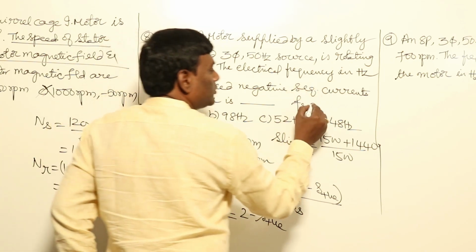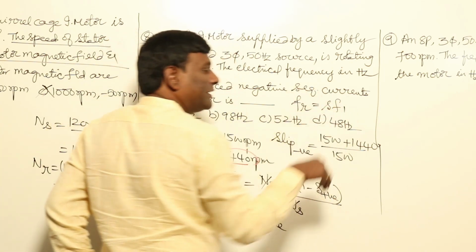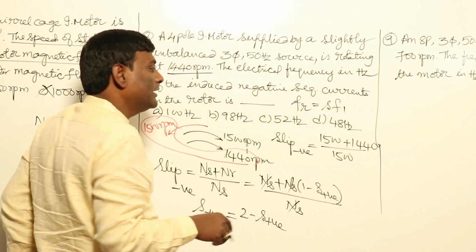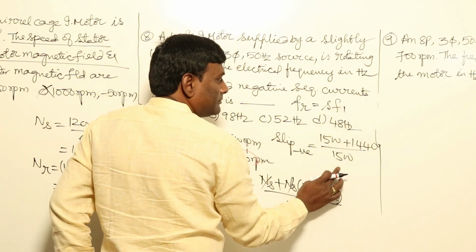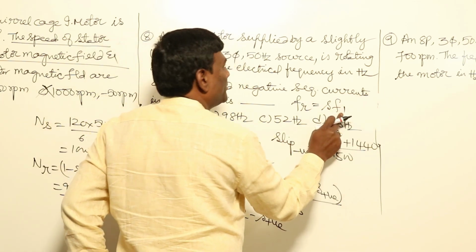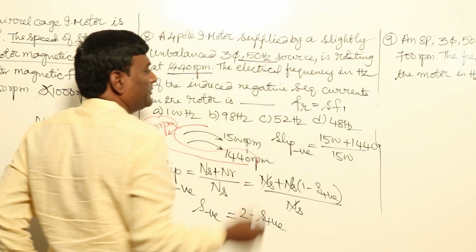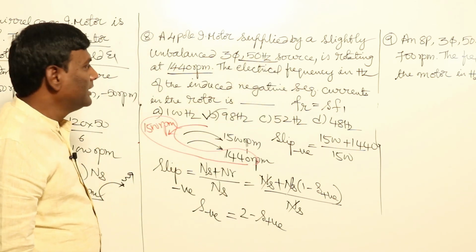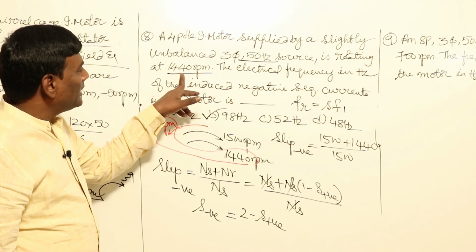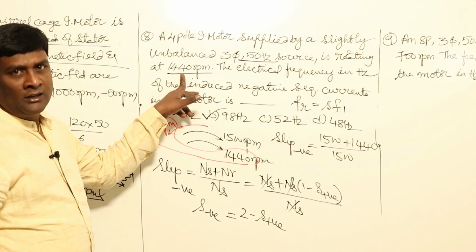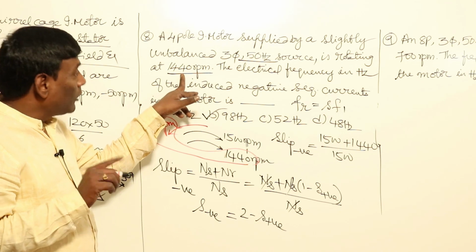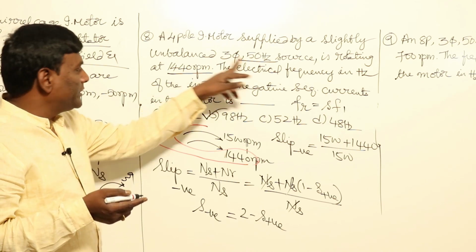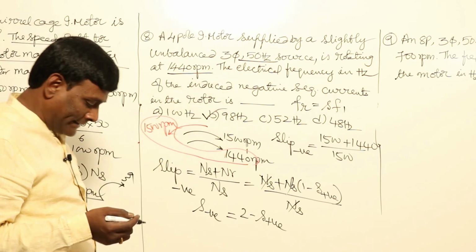The frequency of the rotor induced voltage is S times the frequency of the stator. So calculate the slip and multiply by 50, because the stator frequency is 50 Hz, and you are going to get 98 Hz. Or directly calculate (1500 minus 1440) divided by 1500 to get S of positive, and 1 minus that into 50 Hz is going to give you 98 Hz.